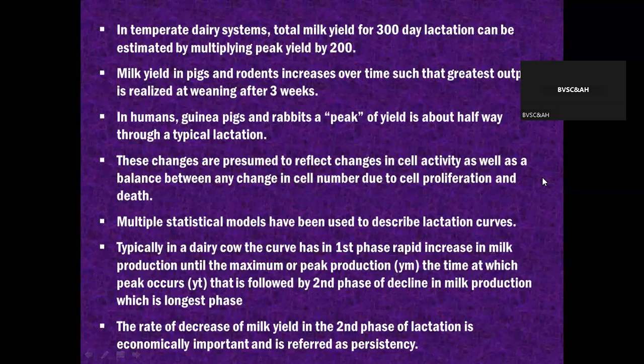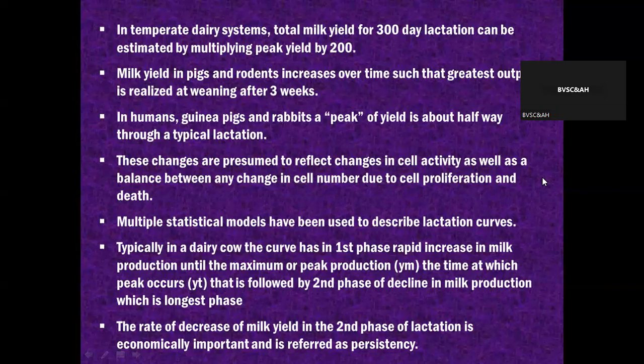So many statistical models have been used to describe the lactation curves. Typically in a dairy cow, the curve has a first phase, a rapid increase in milk production until the maximum or peak production, the time at which the peak occurs. That is followed by the second phase of decline in milk production, which is the longest phase.